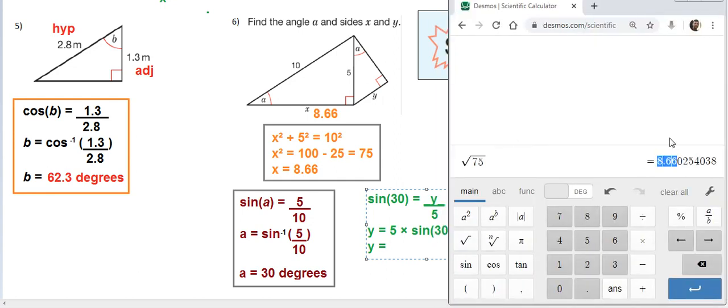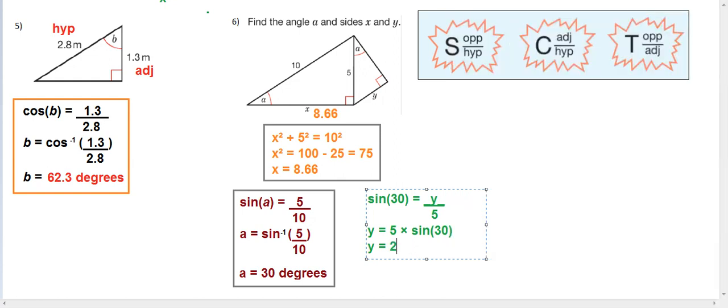Let's go. 5 times the sine of 30 degrees. So the answer is 2.5. We don't have units.